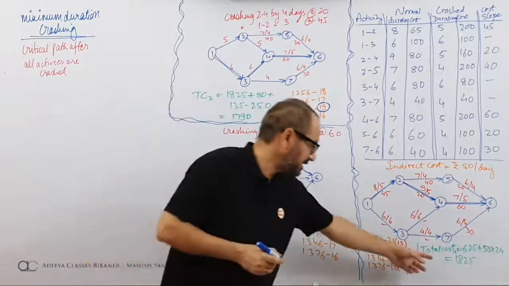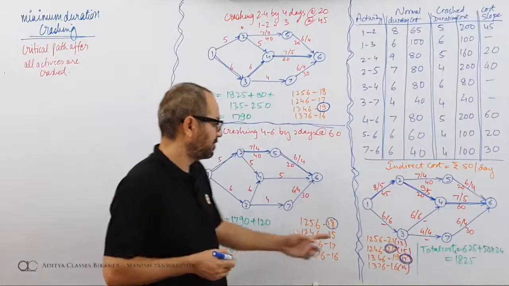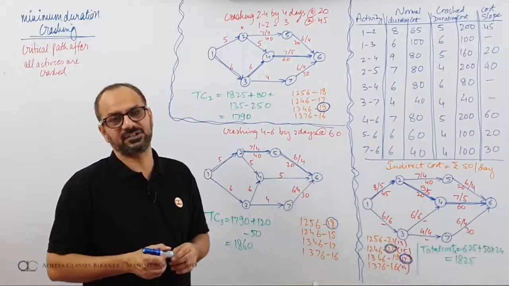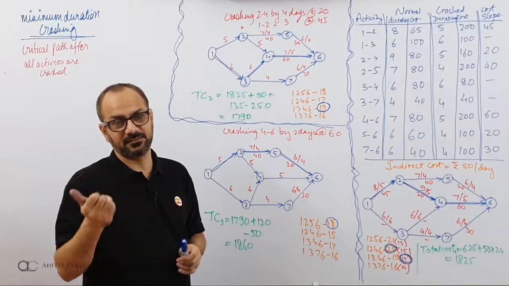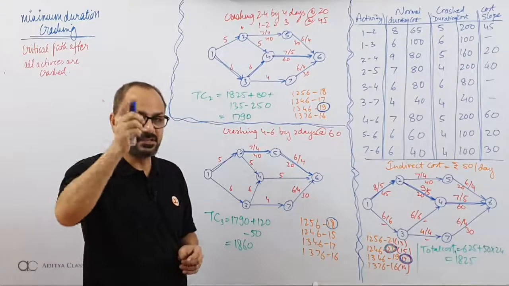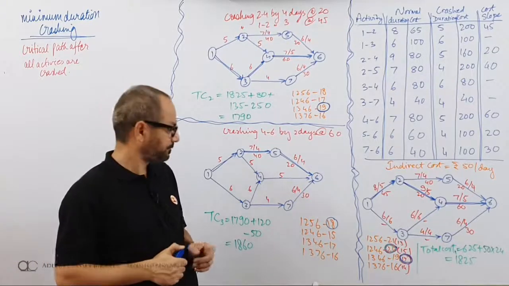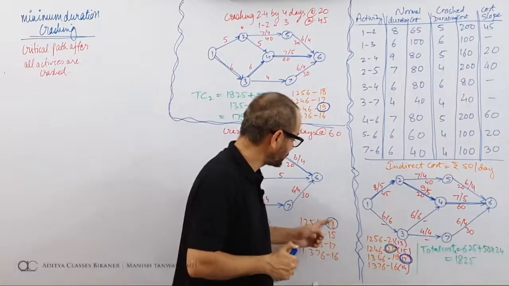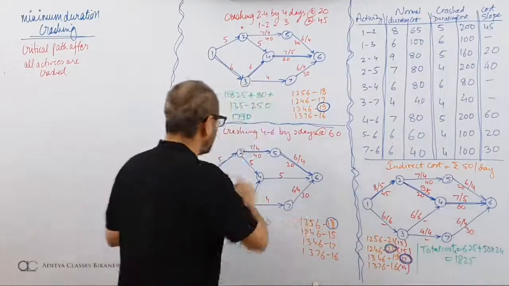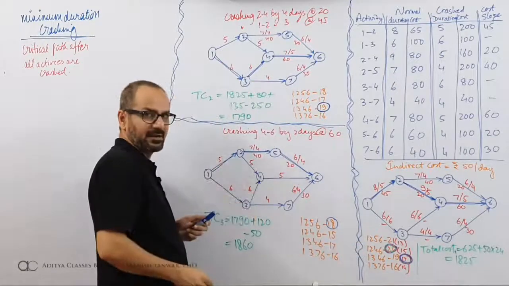So in this case, yes, it is costing me more, but I have saved 24 is down to 18. I have saved 6 days. In previous, if you remember, we stopped at 19. This time we have saved 1 further day, and we will still save further. Why? Because the idea is to bring critical down to 17. Who is critical? 1, 2, 5, 6. Can I bring it down to 17?